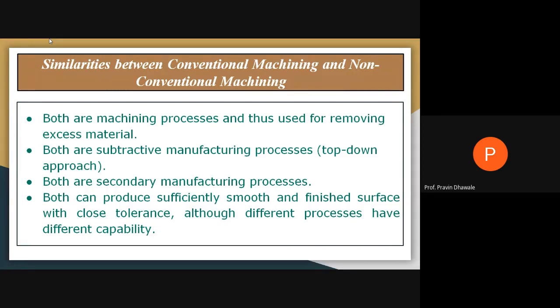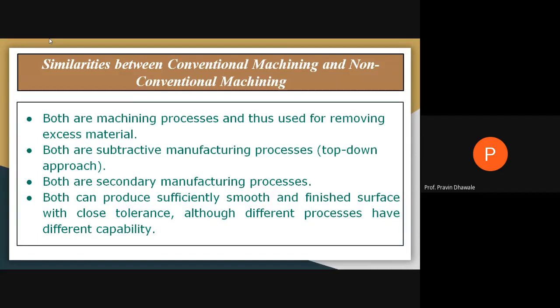Although different processes have different capabilities. If you are considering the lathe machine, it has one standard machine capability, and drilling and milling are different, right? All the processes have a separate or different capability of machining.